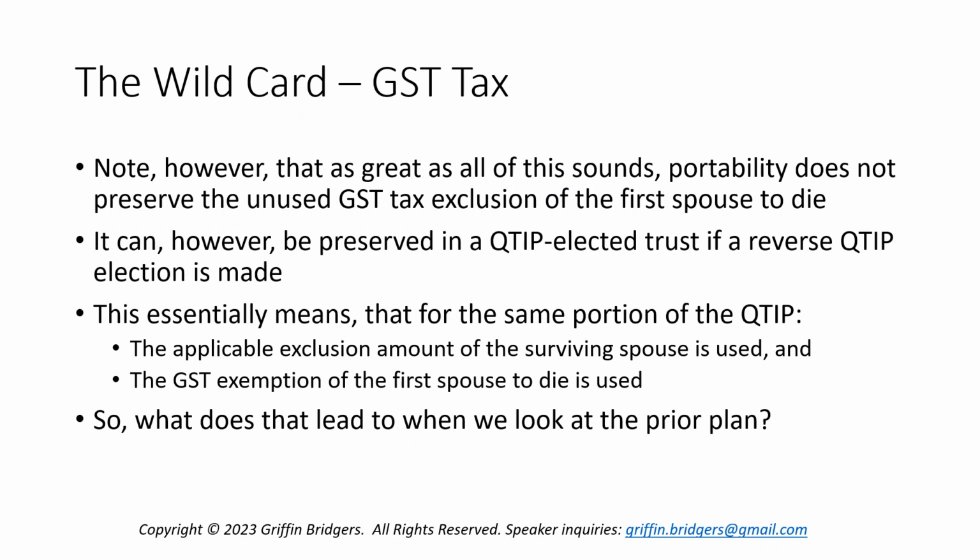In either of those scenarios, typically it would keep the first spouse to die from applying GST tax exemption, and it would force the surviving spouse to use their own GST tax exemption for that portion of the QTIP.